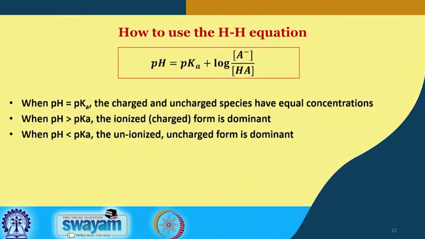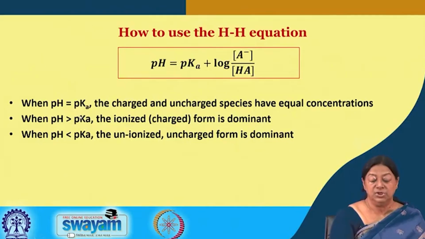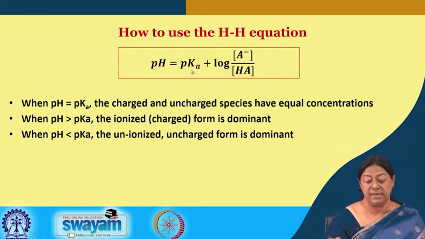So, when pH is equal to pKa, the charged and uncharged species have equal concentrations. When the pH is greater than the pKa, the ionized or charged form is dominant, because this makes this concentration higher, rendering this a positive quantity, which means that the pH is greater than the pKa. Again, when the HA concentration is higher than the A minus, this becomes a negative quantity, making the pH less than the pKa.